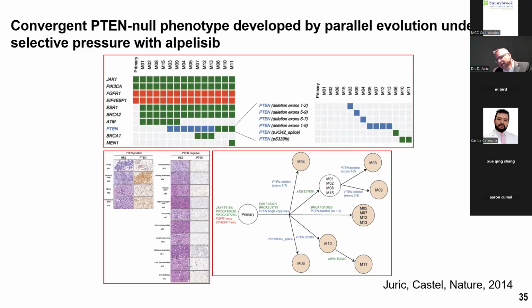So at the same time, we are giving these novel agents to patients, watching and profiling their tumors pre and post, monitoring their ctDNA profiles, specifically variant allele frequencies of the oncogene itself and other concomitant alterations.